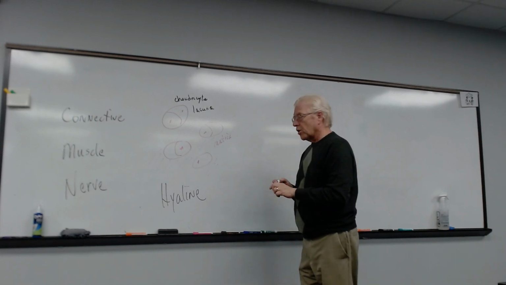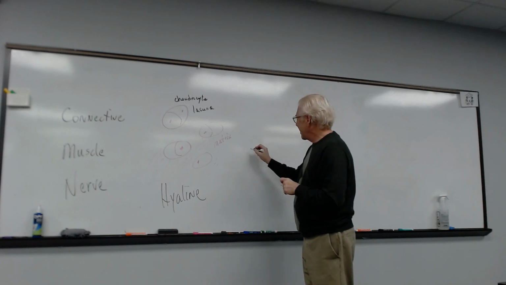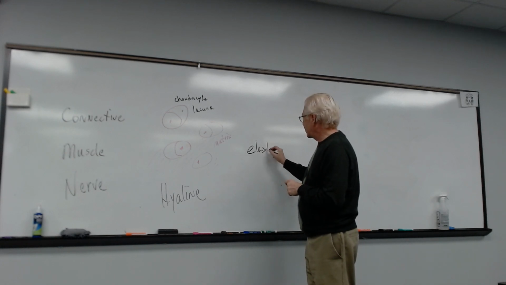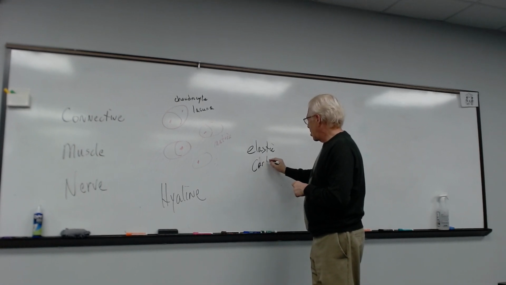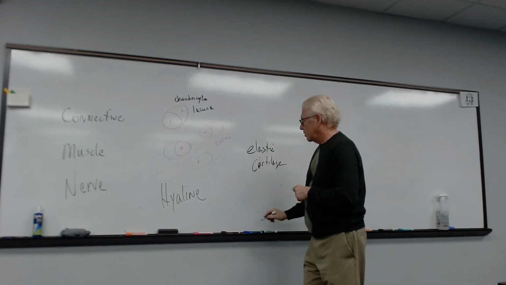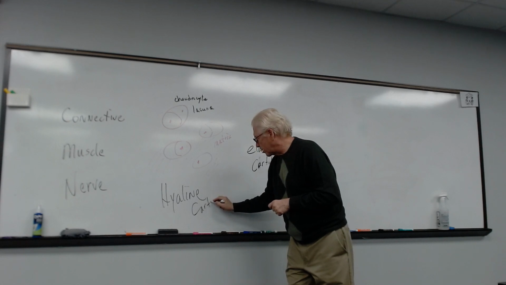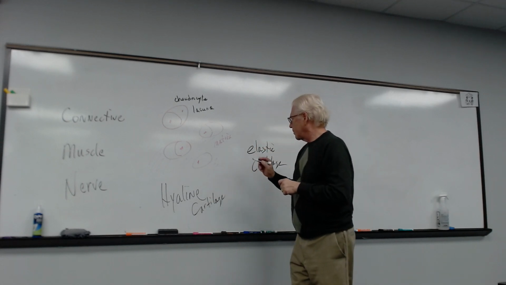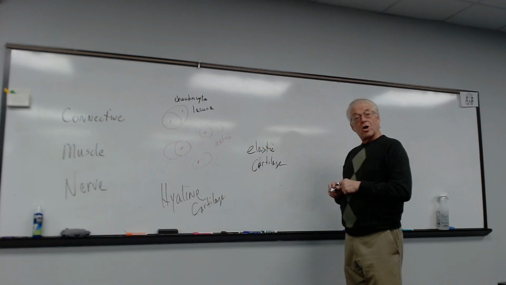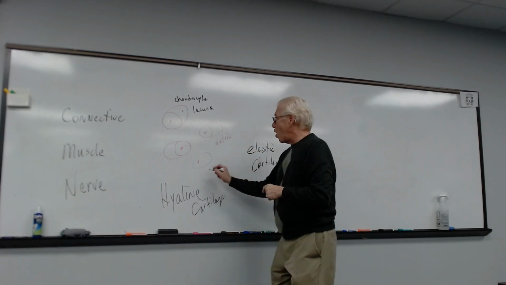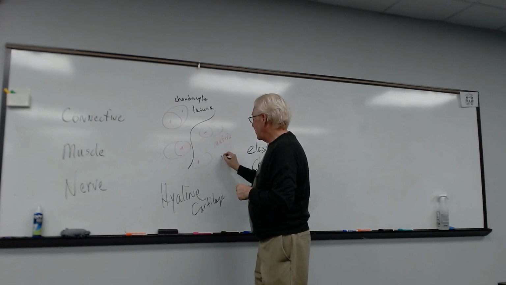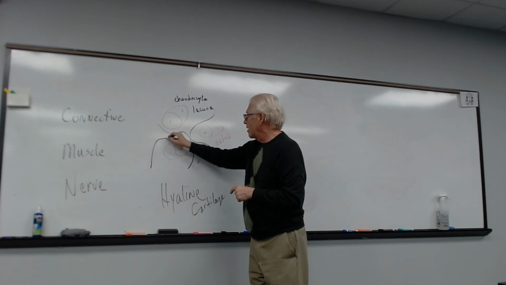The next one is called elastic cartilage. I can't spell. Cartilage. Guess what elastic cartilage looks like? Just like hyaline, only what have I got going through here? Elastin fibers.